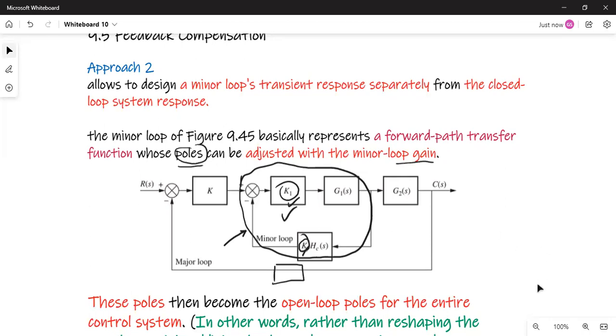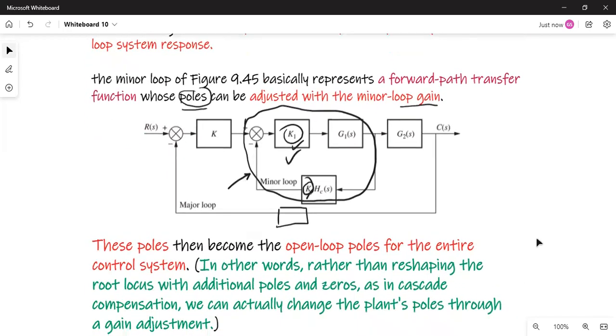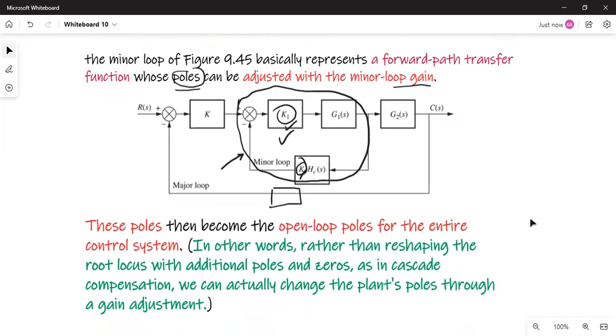Now these poles that we have obtained after adjusting the gain of the minor loop are eventually becoming the open loop poles of the entire closed loop transfer function. So whatever poles you have obtained, using those poles we'll try to plot the overall closed loop transfer function's root locus.